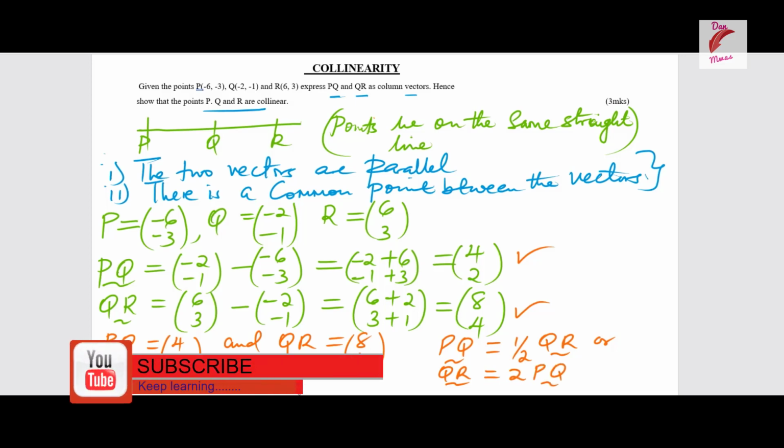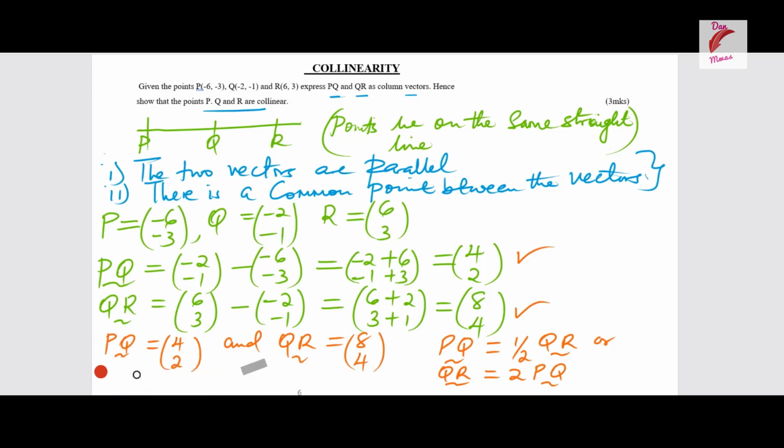So by showing there is a scalar that exists between the two vectors, we have already shown that the two vectors are parallel to one another.